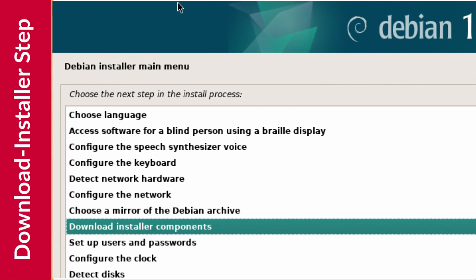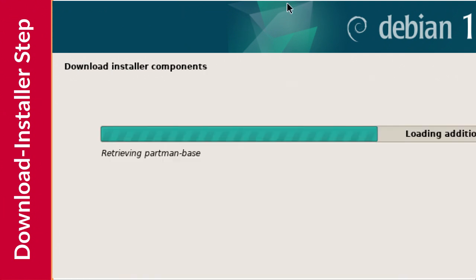This template gets printed here as the text, and this step, when you run it, runs that postinst file, and the location in this list is determined by that XB-Installer-Menu-Item thing in the binary udeb package. So when you run this step, you get something like this: download installer components, loading additional components, retrieving part1 base. This is what Anna does.